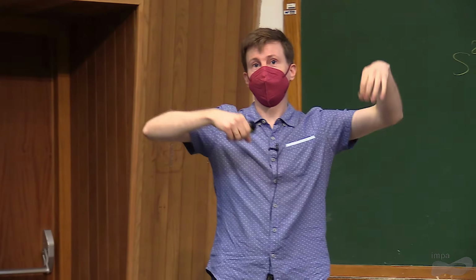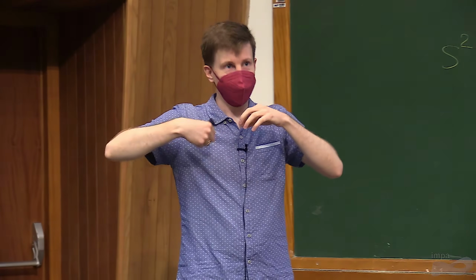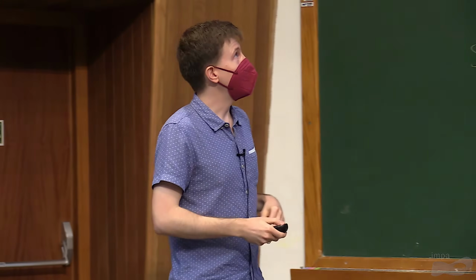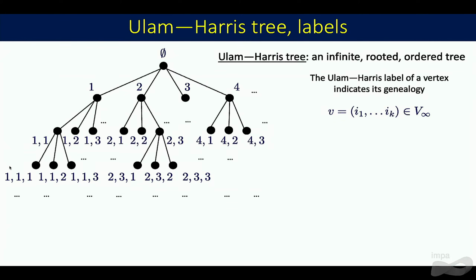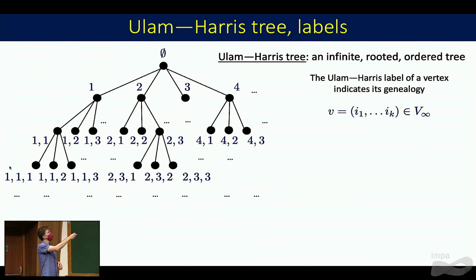Then each of these children has countably infinite children. If you look at, say, the children of 2, they are labeled 2,1, 2,2, 2,3, etc. And then you go on. The children of 2,3 are called 2,3,1, 2,3,2, 2,3,3, etc. I hope the labeling is pretty self-explanatory.